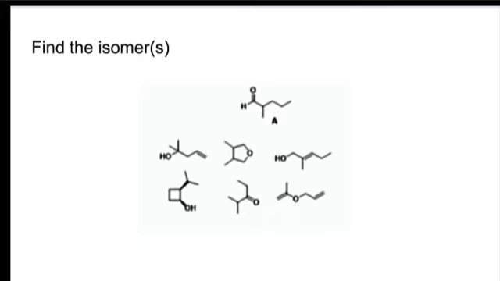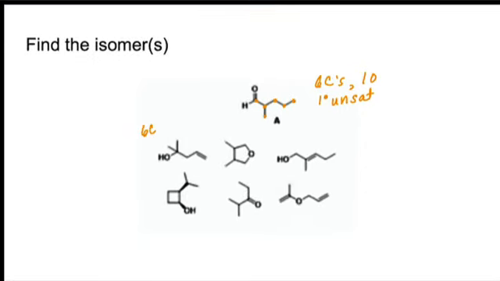The first thing I would do is count carbons and see that compound A has 6 carbons, and it's going to have 1 degree of unsaturation in any constitutional isomer that it could have. So if the compound below has 6 carbons, 1 oxygen, and 1 degree of unsaturation, then it's a constitutional isomer of A. Pause the video, go through and see if you can figure out which ones are indeed constitutional isomers.